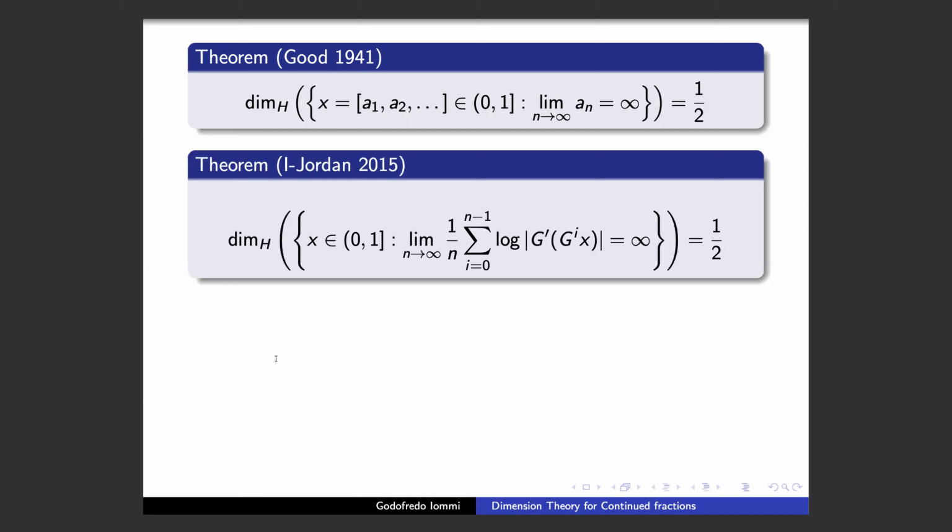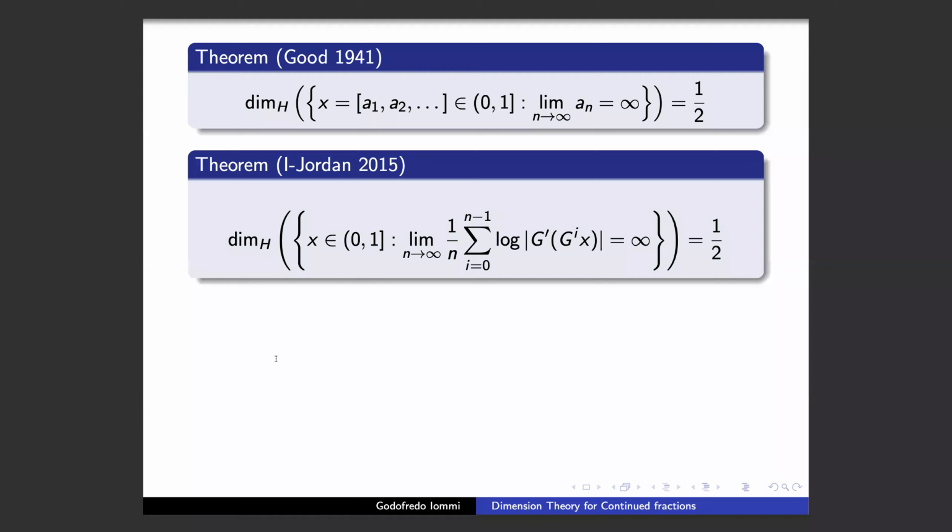Note that the derivative of the Gauss map increases as you approach 0. So basically, the points that we are considering here are points for which the orbit spends a great amount of time near 0, where the derivative is very large, because in the end, the average will be infinity.